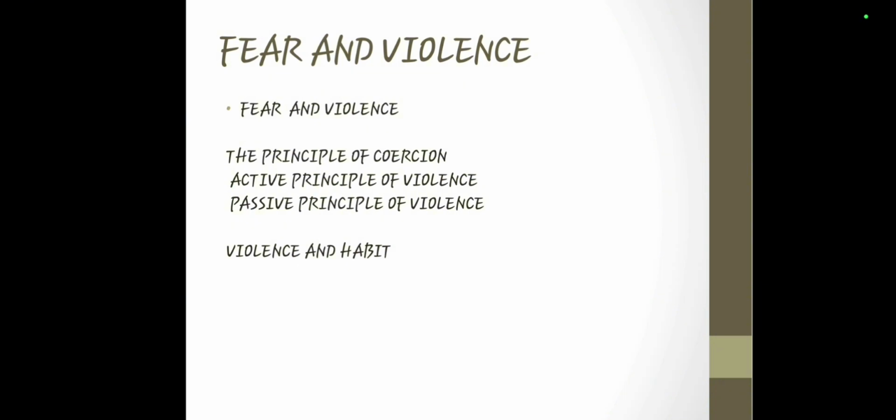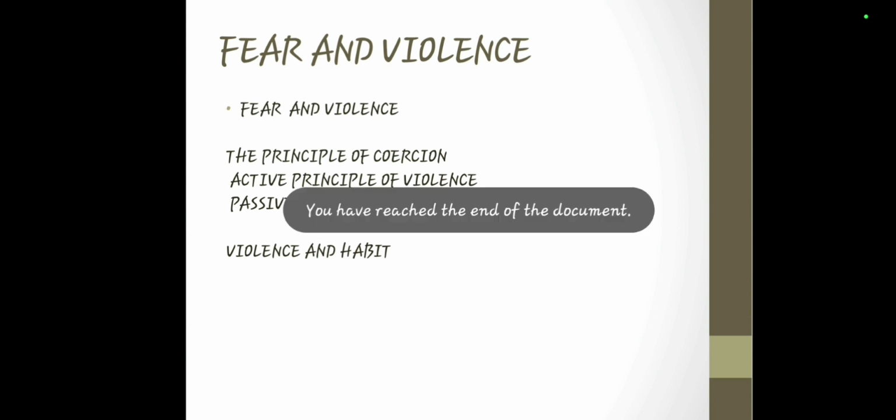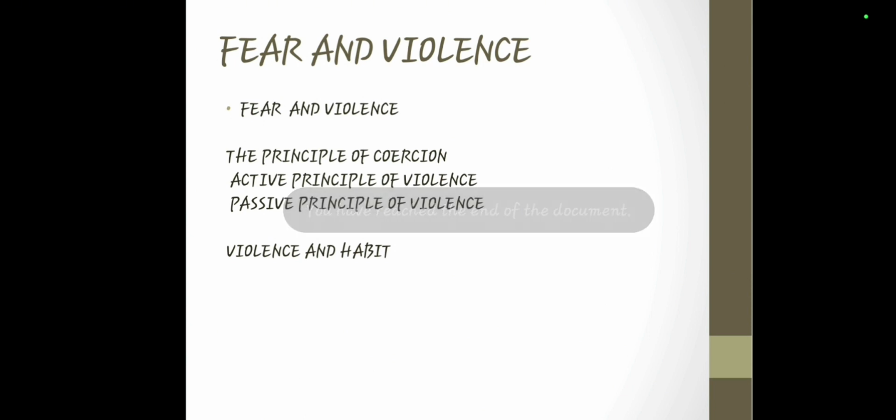So let's first define habit: a usual way of behaving. Violence can be a habit if you are intending to do that kind of action, if you are voluntarily doing that action. That governs the habit of violence. So I think that explains lesson 2, which is the fundamental concept of morality.